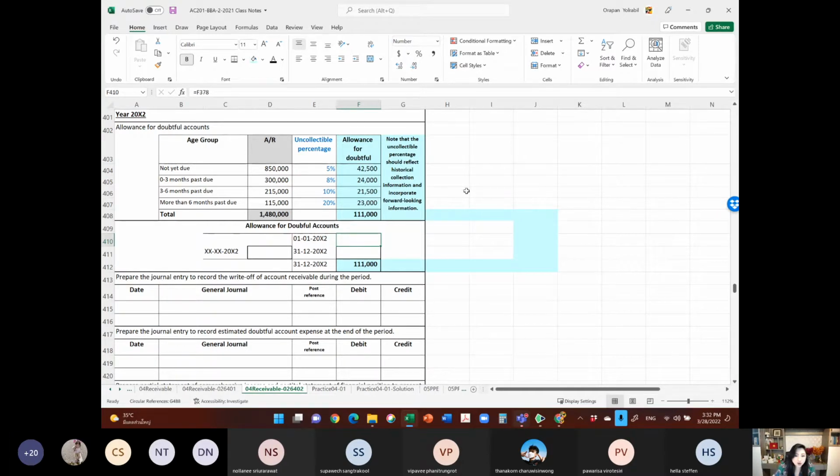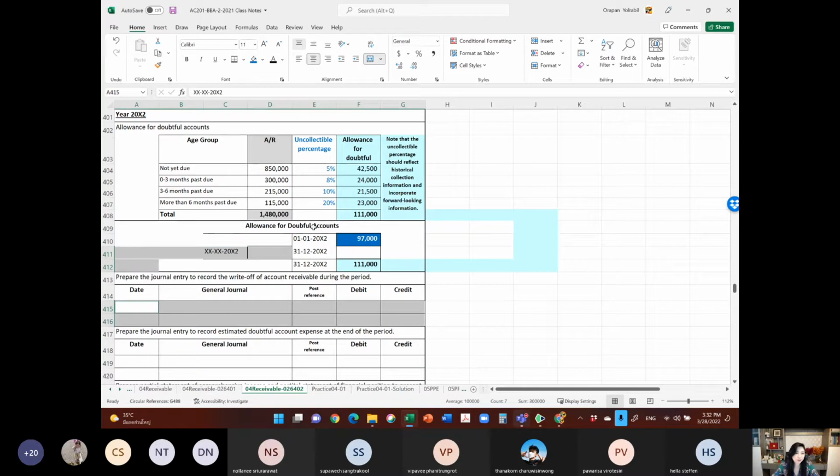Okay, so over here it's going to be 97,000, which is carried forward from the prior year. And according to the information given to you, for this year number 2, the company has written off 100,000 of the accounts receivable, and that is debit to the allowance, credit to the accounts receivable.